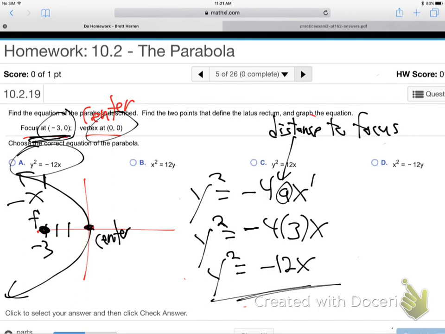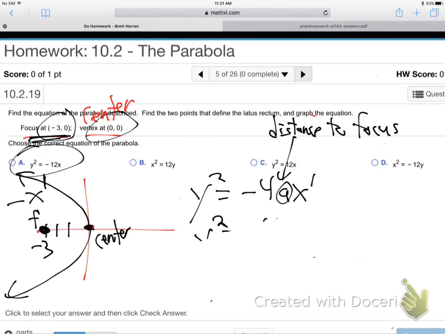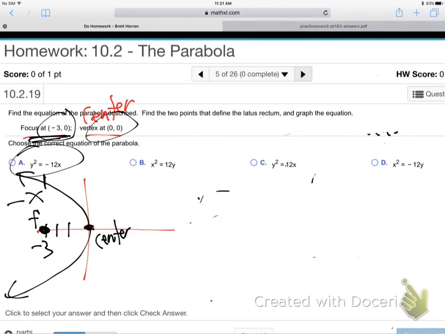Okay, so I already graphed it. So let me tell you about the latus rectum points. They're double the distance from the focal point at that depth. Enough said? No. Let me be more clear. In other words, it's this point and it's this point. These are called the latus rectum points.